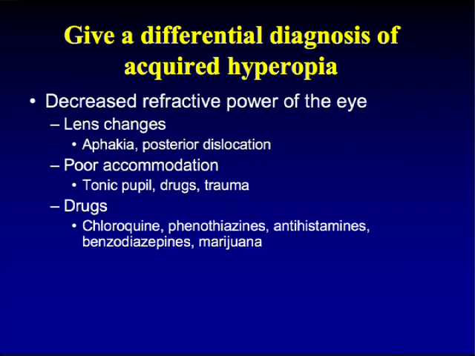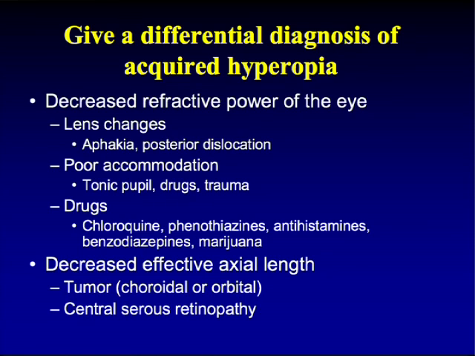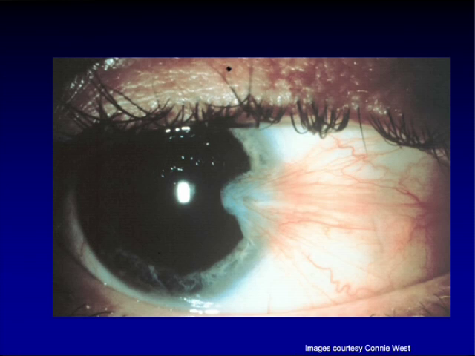Chloroquine, or any drug that can interfere with accommodative ability, can also reduce the refractive power of the eye and cause what appears to be acquired hyperopia. Or things that make the eye shorter, including a tumor, choroidal or orbital tumor, or decreased effective axial length with central serous retinopathy.